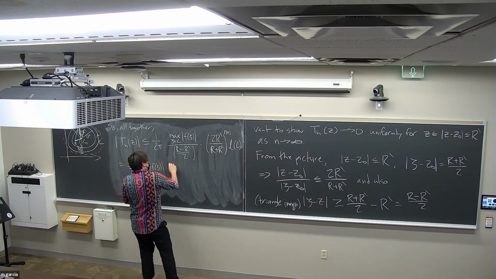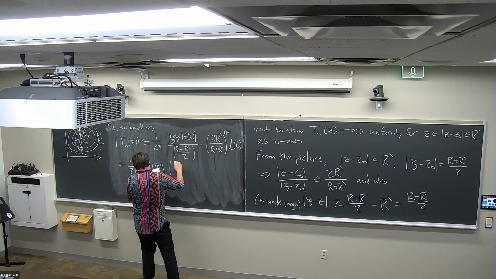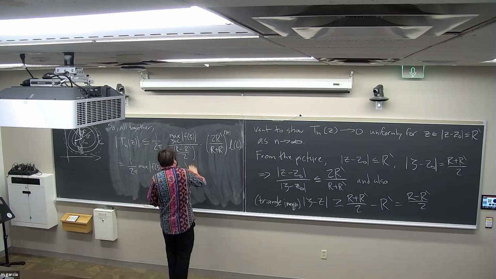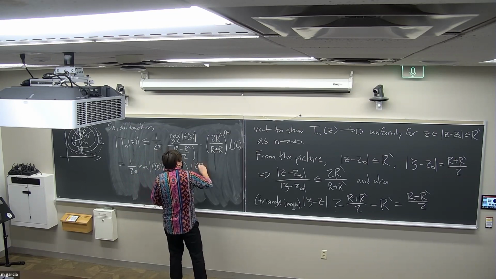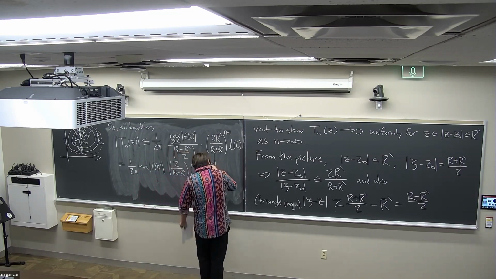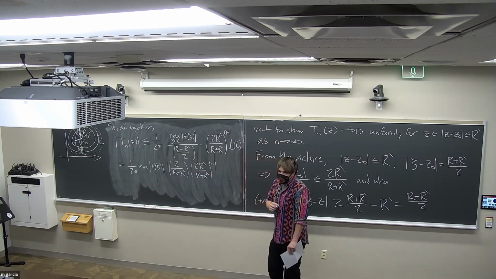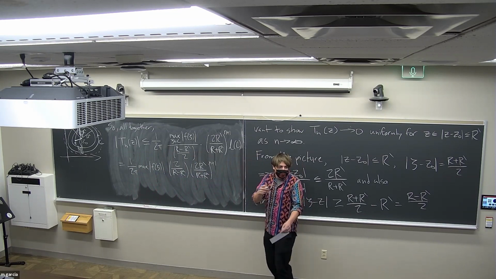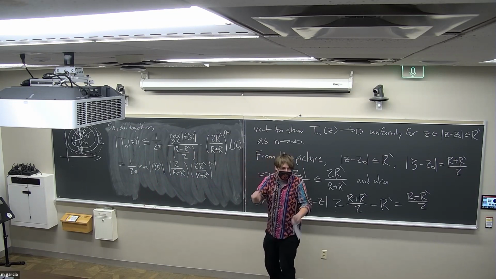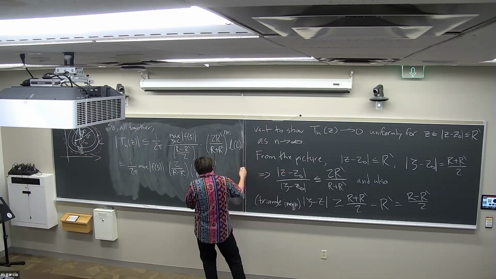Times 2 divided by r minus r prime, times 2r prime divided by r plus r prime to the n plus 1. And what's the length of C? 2 pi times r plus r prime, divided by 2, right? So the 2's cancel. You're right, you canceled the 2's for me. Good, so let's just write it like that.